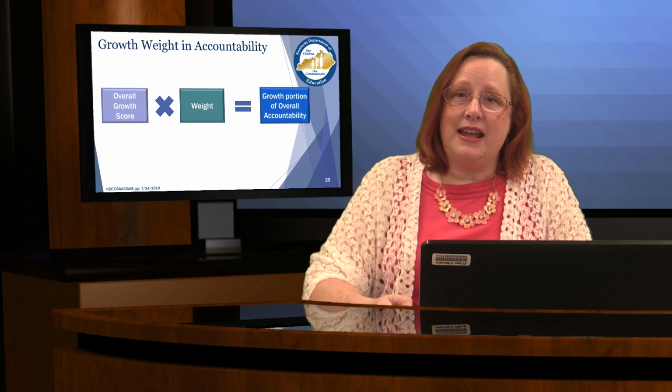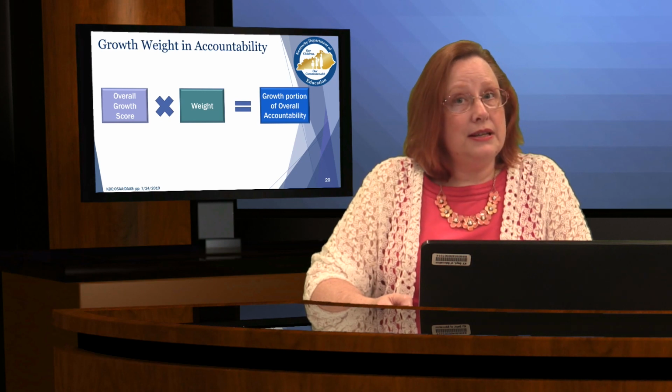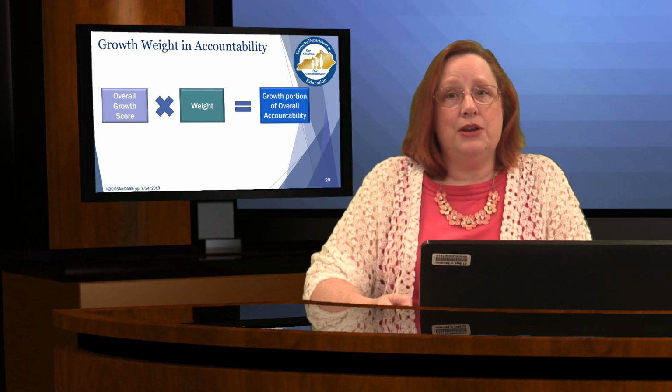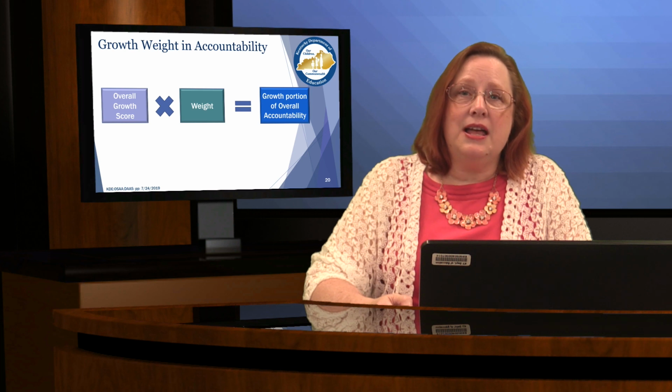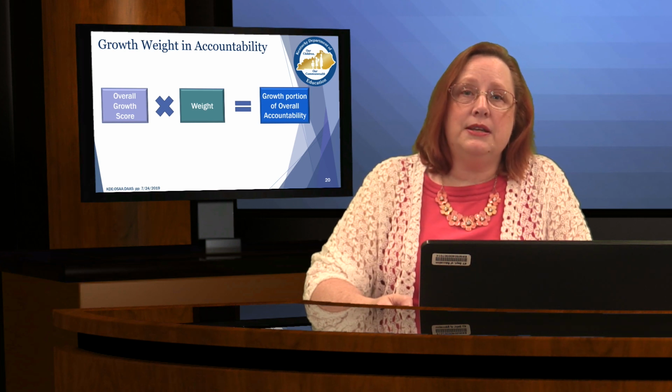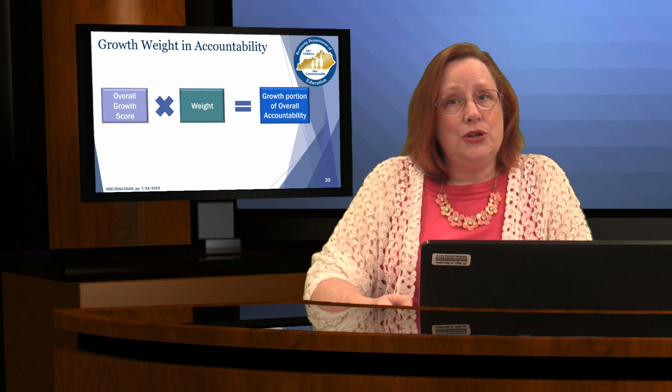To calculate this final score, we will use the overall growth score result and use the weight from the chart. Please note that weights may change from year to year based upon which indicators are in use. For the 2018-2019 results, the weights from the quality of school climate and safety will be redistributed to the other indicators. For our example, we will use the 35% from the table.